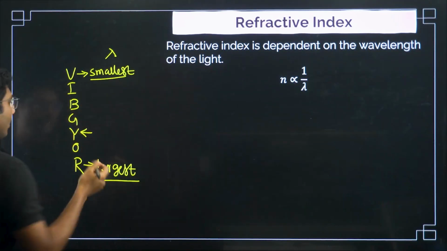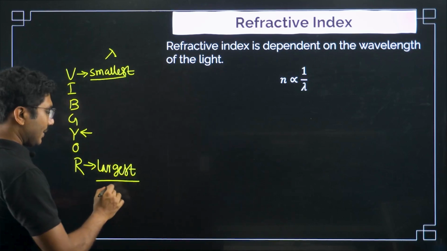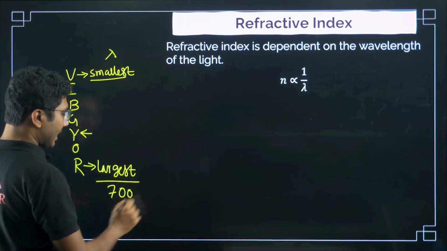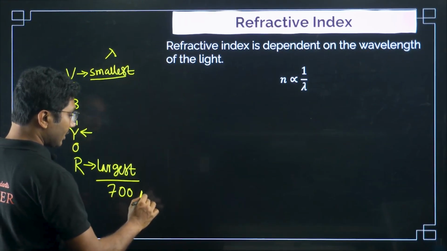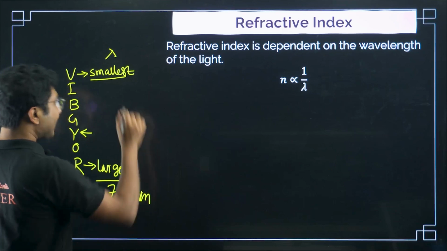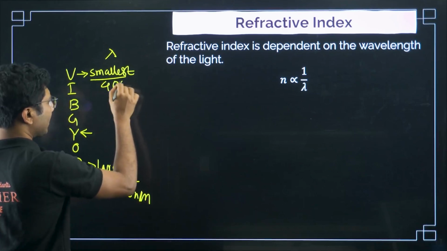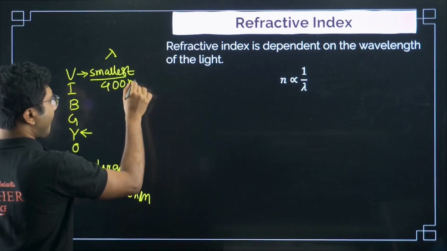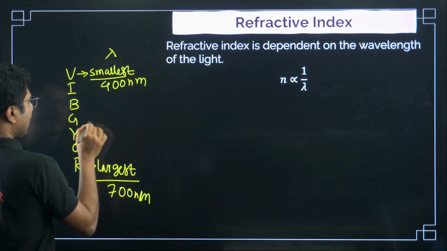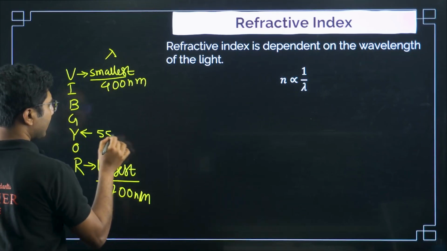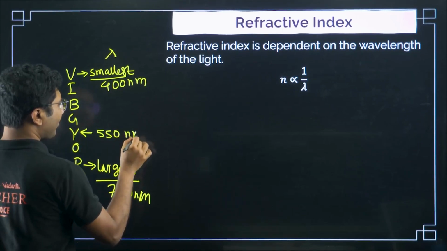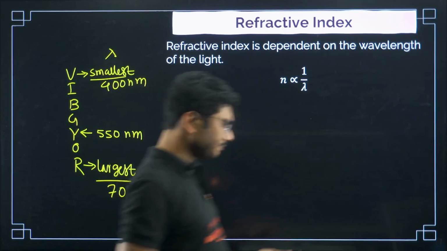So if you find the wavelength, red is approximately 700 nanometer, violet is approximately 400 nanometer, and yellow is approximately 550 nanometer. This is an approximated value.